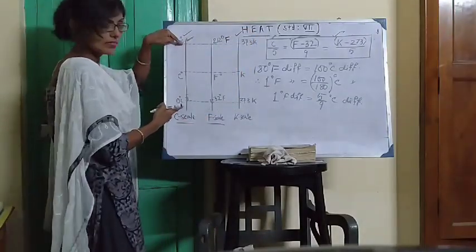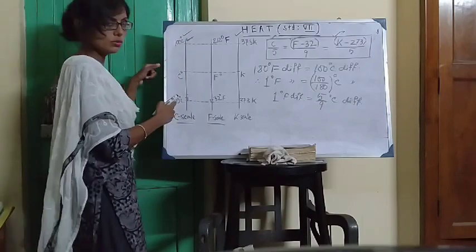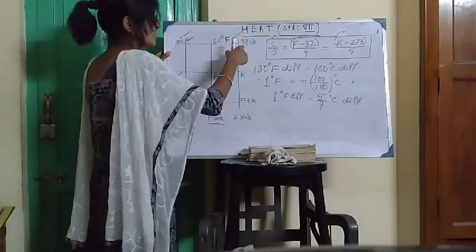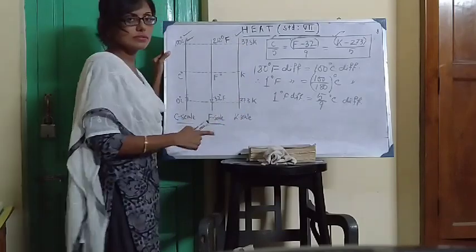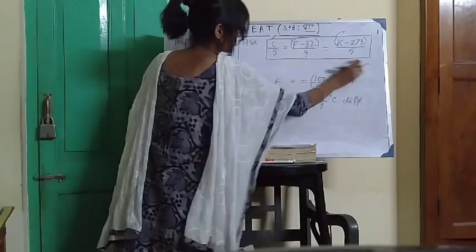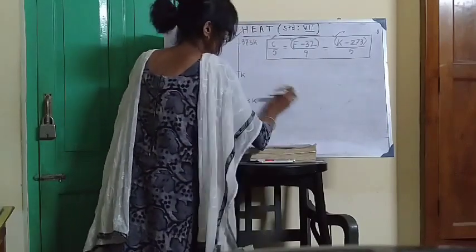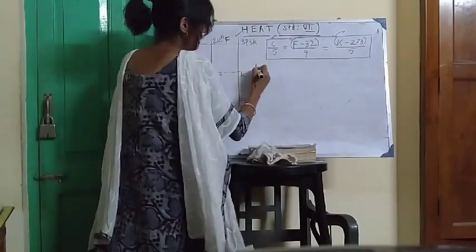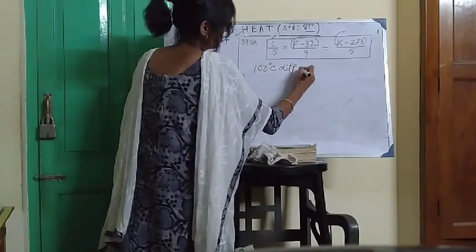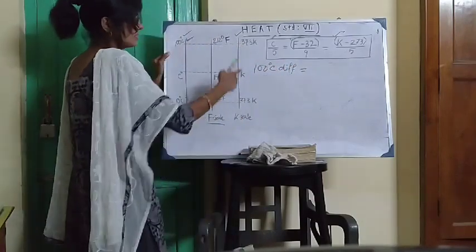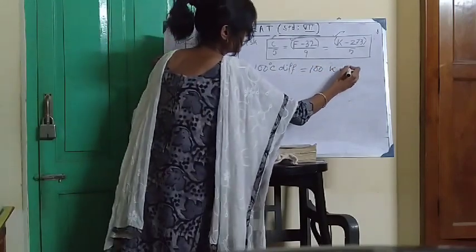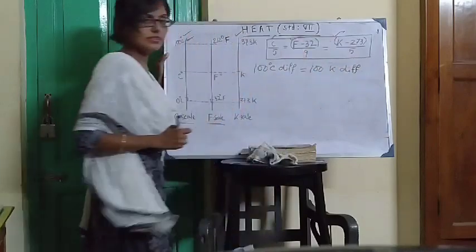Now compare Celsius scale and Kelvin scale. Fundamental interval in Celsius scale, 100 minus 0, 100. Fundamental interval in Kelvin scale, 373 minus 273, that is 100. Both are same. So we can write 100 degree Celsius difference is equal to 373 minus 273, that is 100 K difference, 100 Kelvin difference.